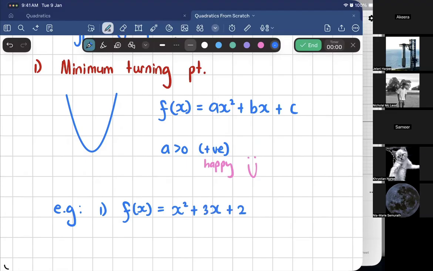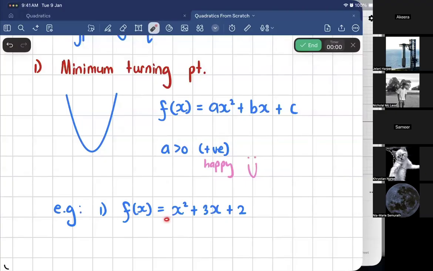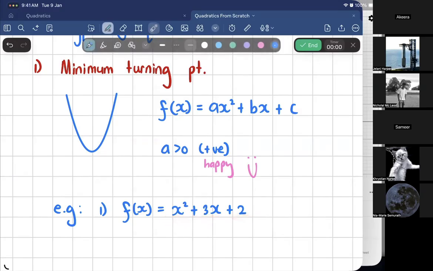Samir, are you able to tell me what a is from that quadratic equation there? 1. Yes. How many of you are able to tell me that a is 1?